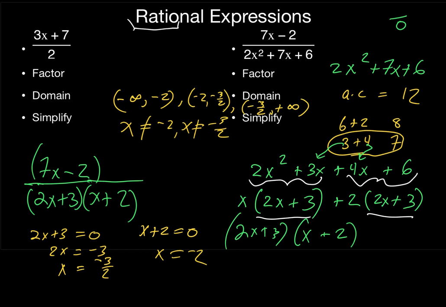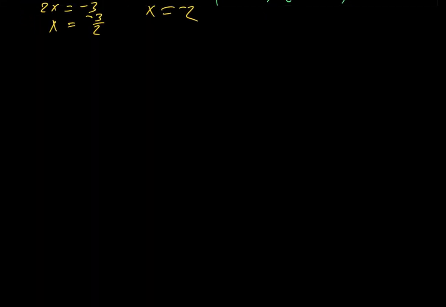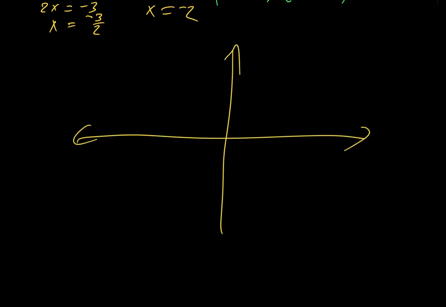Now I'm going to move everything out of the way for just a second. We'll come back to it. My equation was 7x minus 2 over 2x plus 3 and x plus 2.